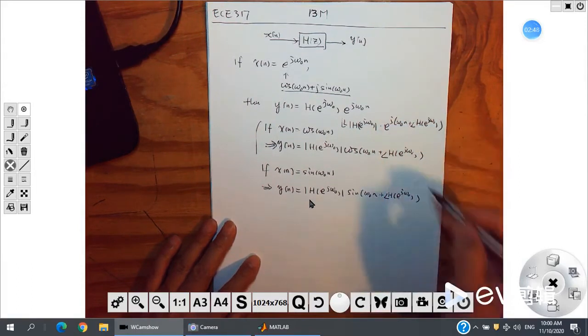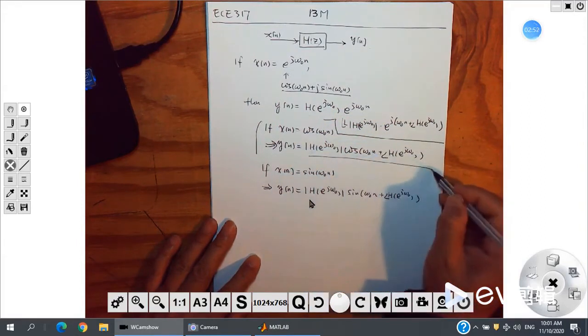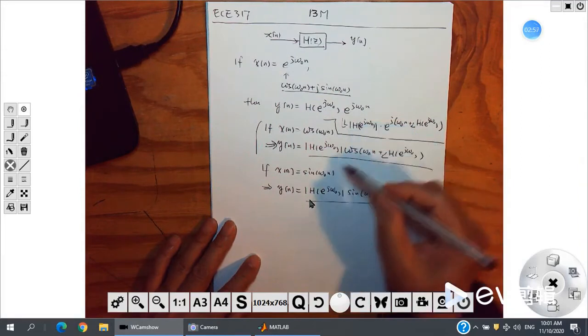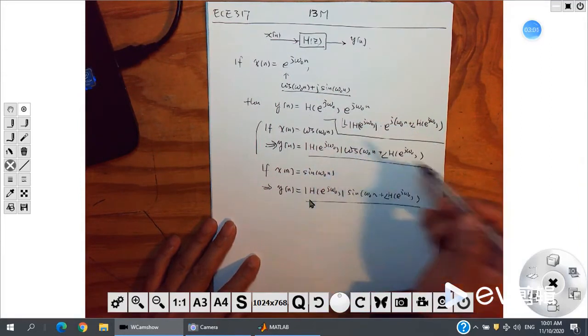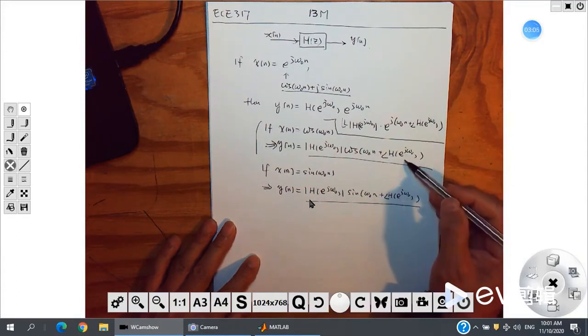If we write it this way, then these three are in the same style: the amplitude is changed by the magnitude of h, and the phase angle is changed by the angle of h.